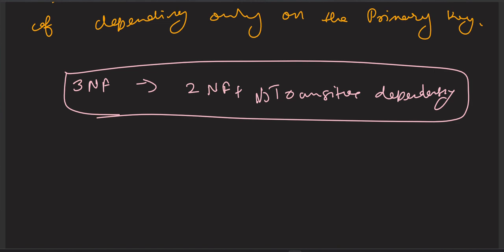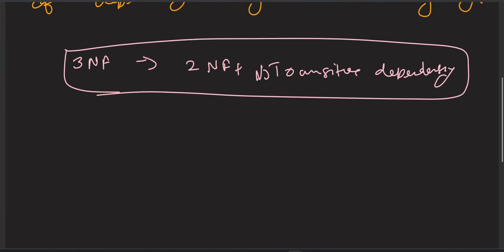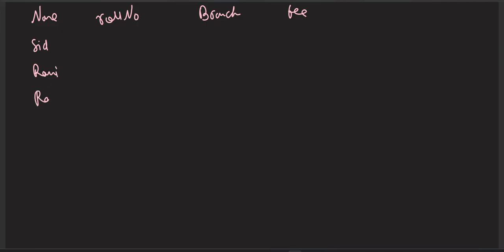So now moving further, let's take one example. Suppose you have given something like name, roll number, branch, and fee. Let's suppose Sid, Rani, Ram, and Shyam.